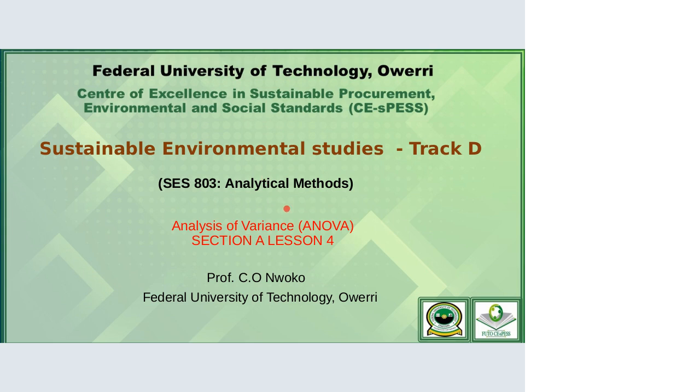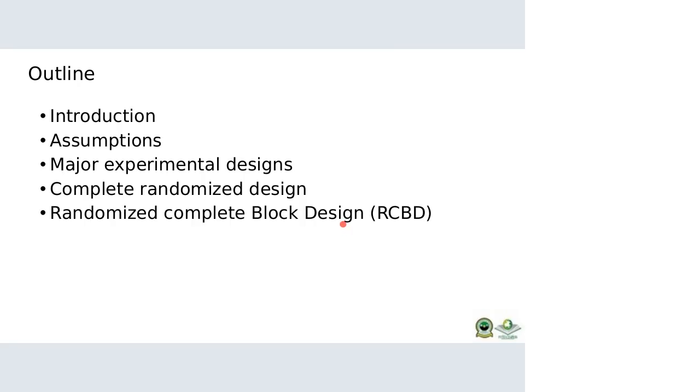Today, we'll be looking at analysis of variance. We'll talk about the introduction and the assumptions the analysis of variance is based upon. We'll consider the key experimental designs: the completely randomized design and the randomized complete block design.